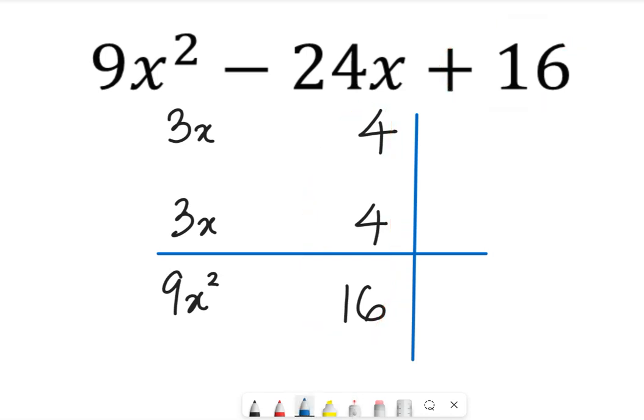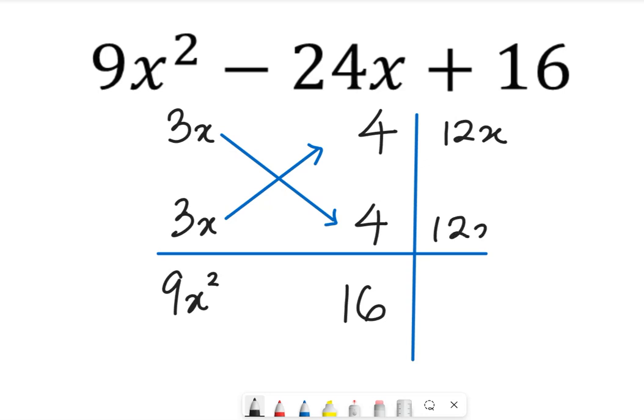Now what I'm going to do is cross multiply. I'm going to take 3x and multiply it with 4. That's going to give me 12x. I'm going to do the same thing here, 3x times 4. That's going to give me another 12x.